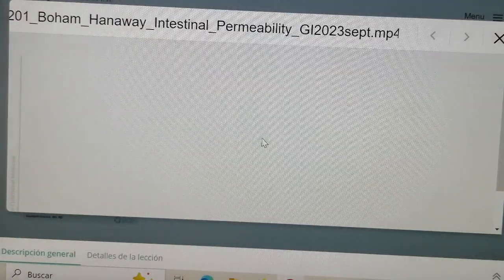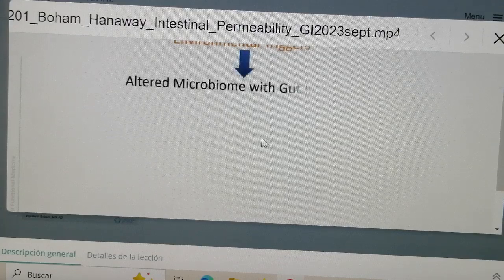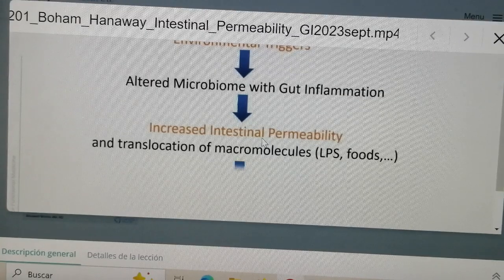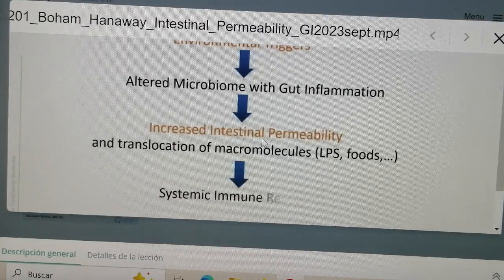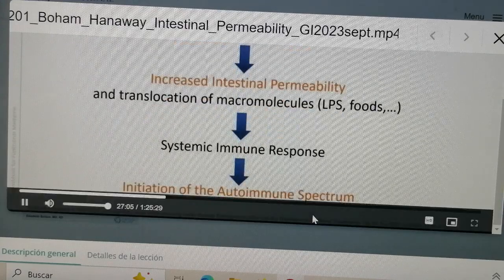Okay, so we've got a genetic predisposition with an environmental trigger, with increased intestinal permeability, allowing for systemic immune response and initiation of autoimmune disease. So here, if we were to talk about celiac disease, and I sort of mentioned this with one of my patients yesterday.